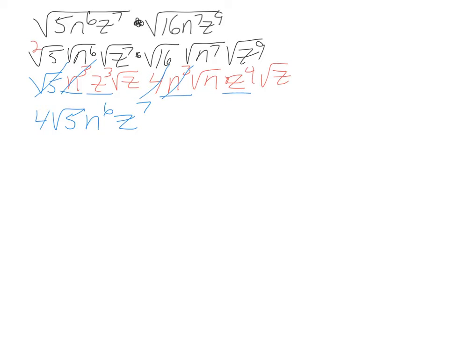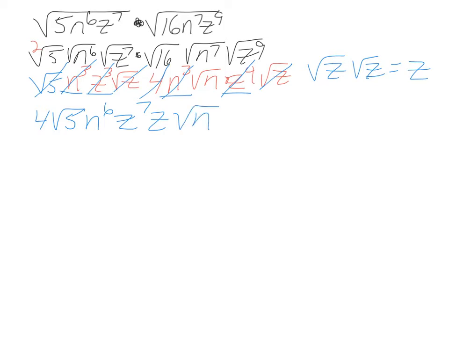And let's see then, done with those. And then I have a square root of a z and a z and an n, so we'll do the square root of z times square root of z equals just z. So that's another z there. Done with those. And then all I have left is a square root of n.